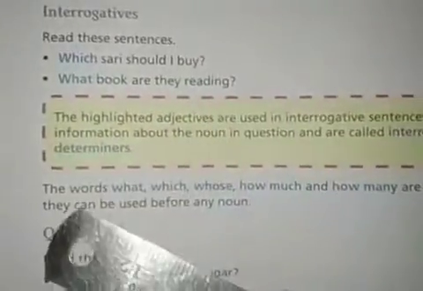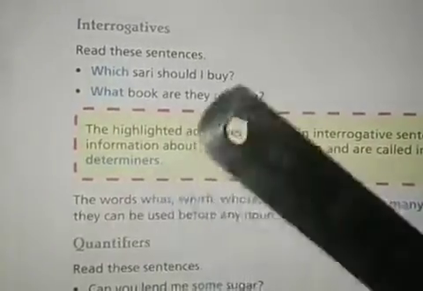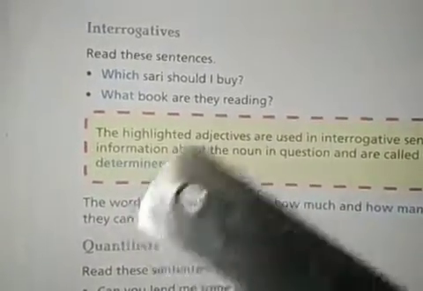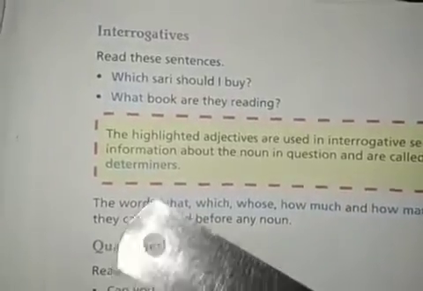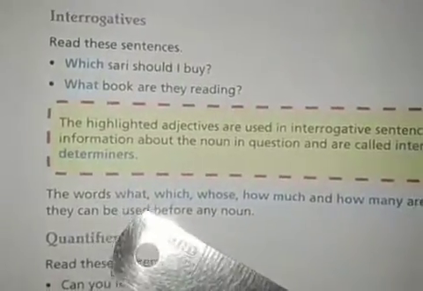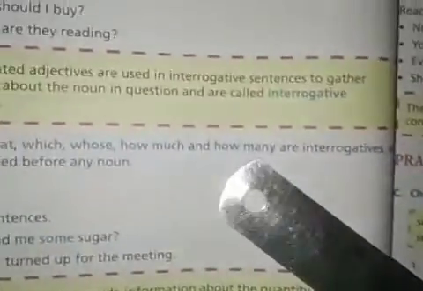Okay, so these types of words which are used to ask questions and that are used in the question to gather information about the noun are known as interrogative determiners. The words what, which, whose, how much, and how many are interrogatives, and they can be used before any noun.